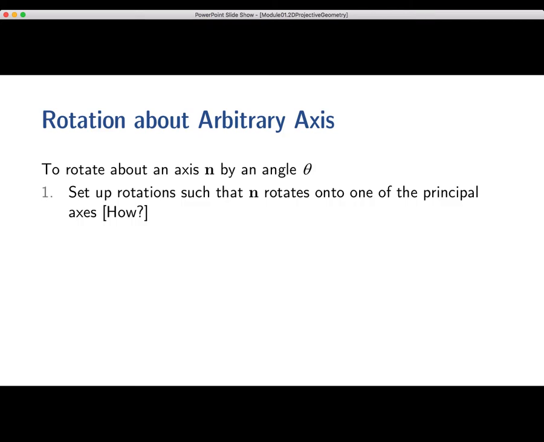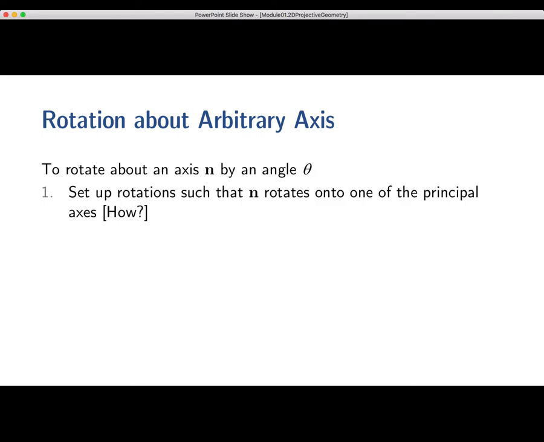Okay, so the way to do that is, number one, set up rotations such that n rotates onto one of the principal axes. This problem is kind of analogous to, in 2D, how do I rotate about a point which is not the origin. I know how to rotate about the origin. Then you give me another point and you want me to rotate about that. I'll first move that point to the origin, then do what I know how to do, rotate about the origin, and then undo that transform.